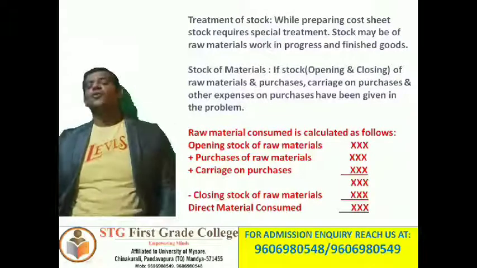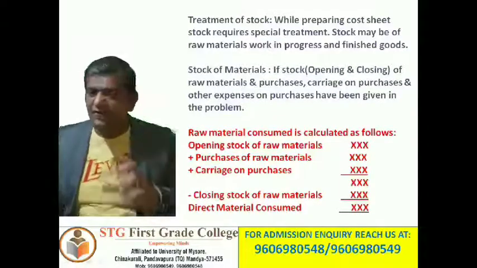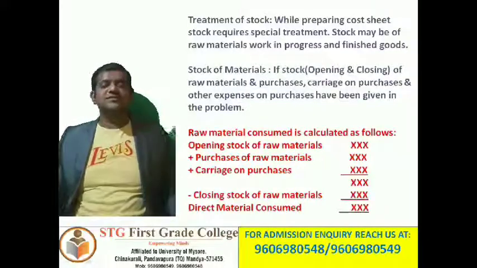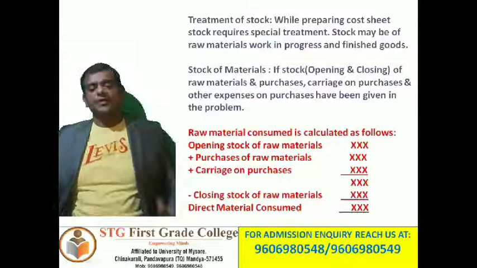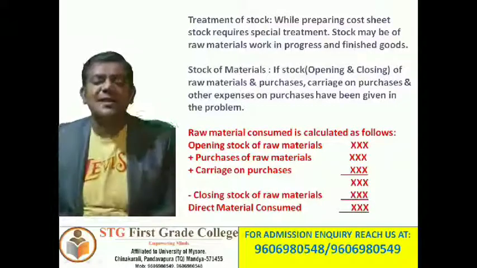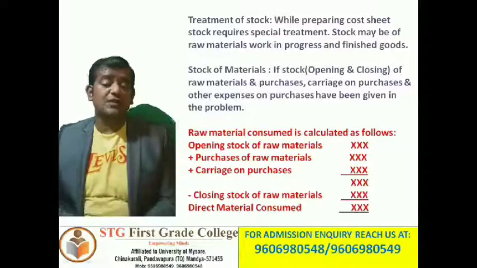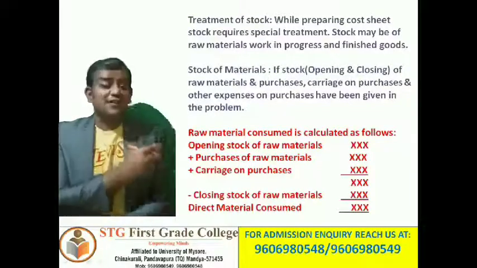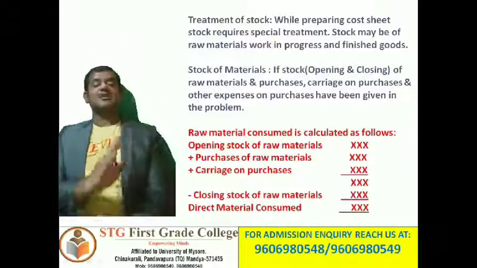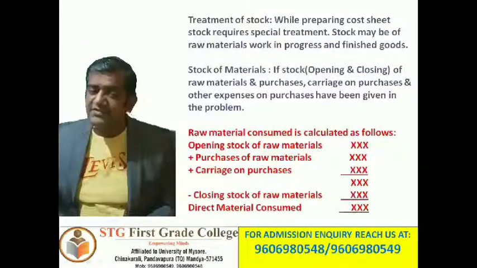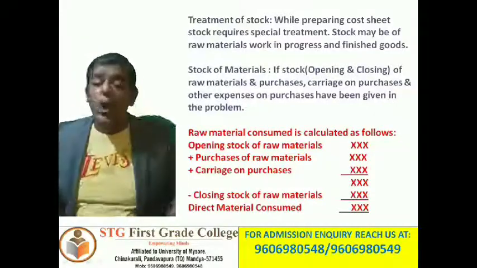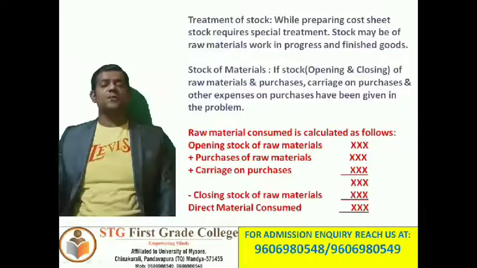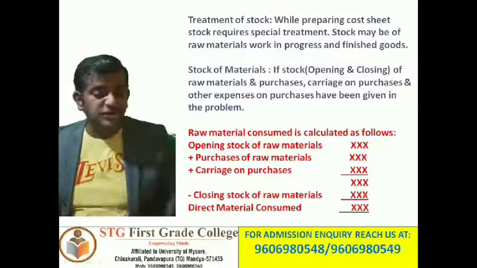So that all comes under stock of raw materials, stock of materials. Okay, so let us understand with the format, so that it will be easier for you to understand. Now we are going to calculate raw material consumed. So how do we calculate raw material consumed? Right here I have given it in red font. Raw material consumed is calculated as follows. First take opening stock of raw materials, add purchases of raw materials, add carriage on purchases.